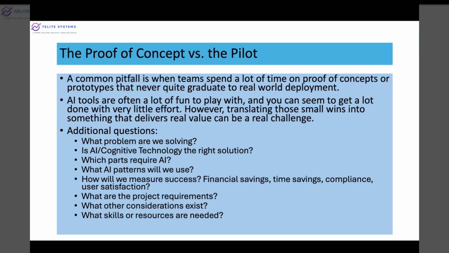Financial savings, time savings, compliance, and user satisfaction. What are the project requirements? What other considerations exist? And what skills or resources are needed? These are the typical questions which are required to be answered.